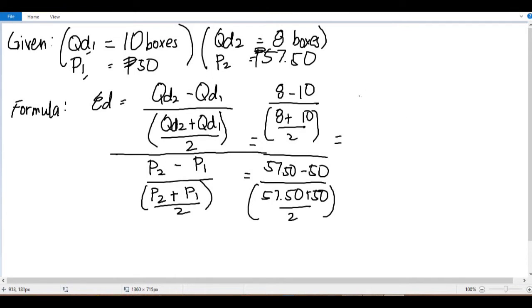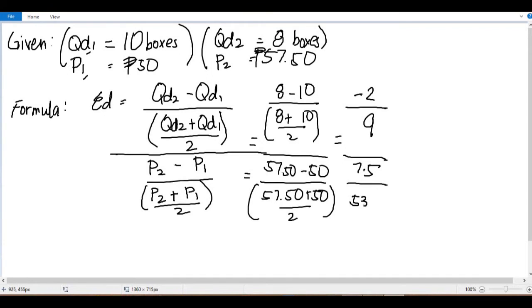So, 8 minus 10 is negative 2 divided by 8 plus 10 divided by 2. So, that's 18 divided by 2, 9. Okay? So, okay na tayo dyan. Then, 57.50 minus 50 is 7.5, divided by 57.5 plus 50 divided by 2, which is 53.75. Okay?